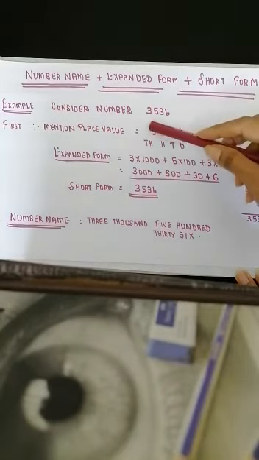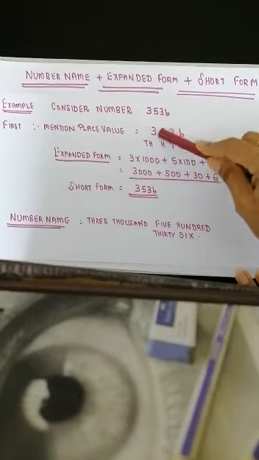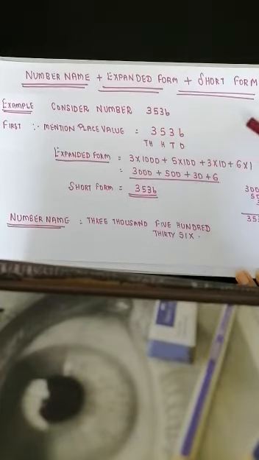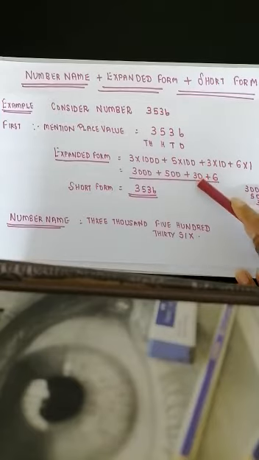Make the expanded form. 3 into 1,000, 3,000 plus 5 into 100, 500 plus 3 into 10 plus 6 into 1. 3,000 plus 500 plus 30 plus 6.